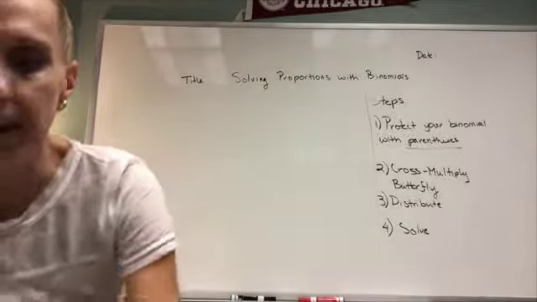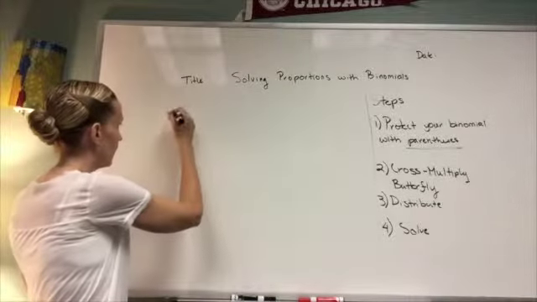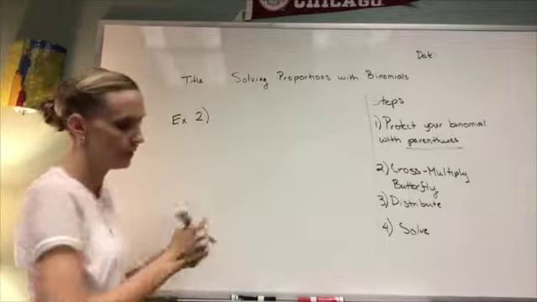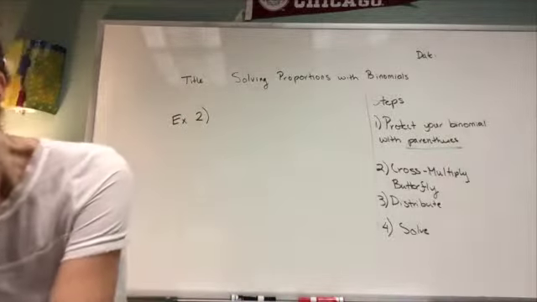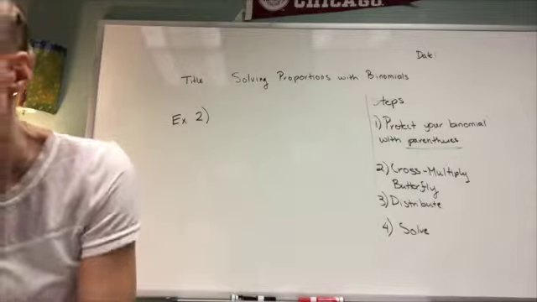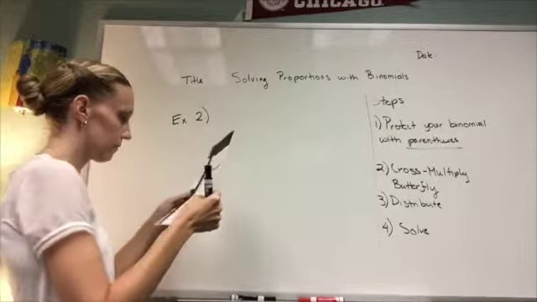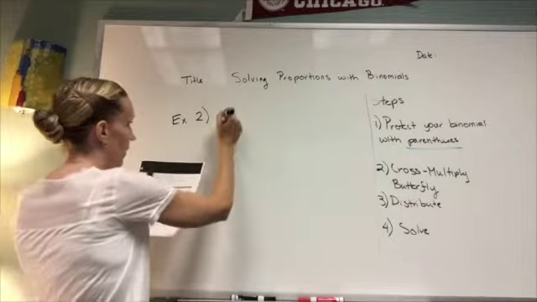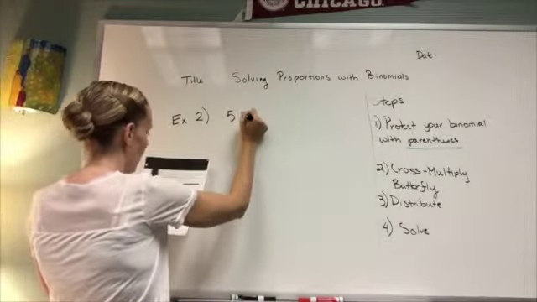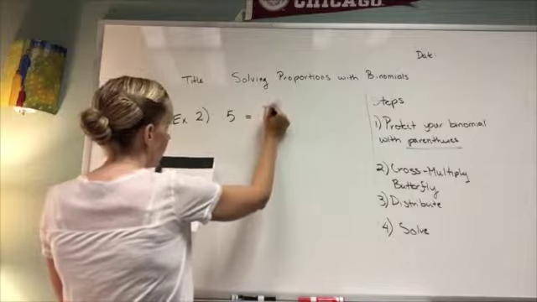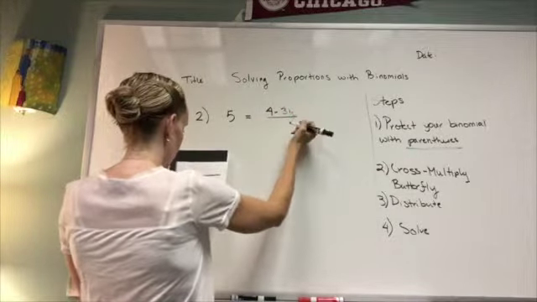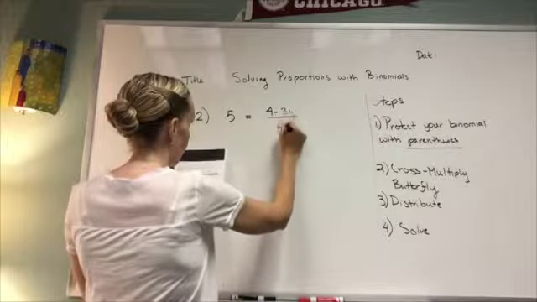All right, so example number 2. Ooh, this is a good one. 5 equals 4 minus 3y over 5.